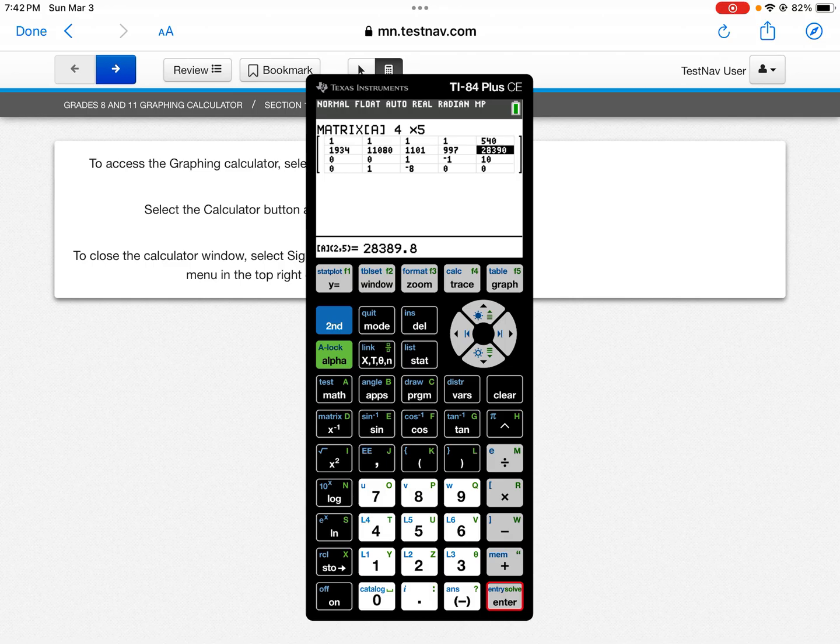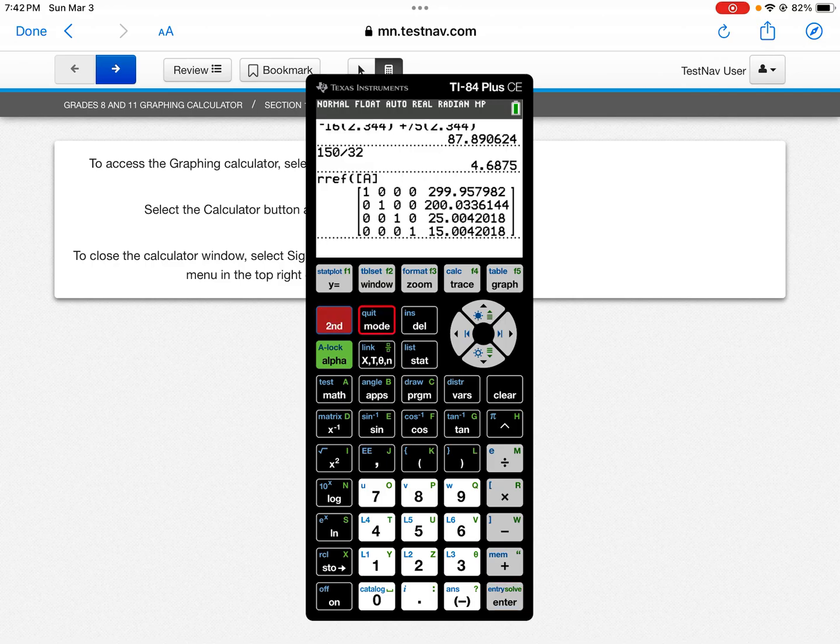What was the amount of money? 28,389,80. Ooh, I changed it to scientific notation. So that still may not. Yep. That's just too big of a digit, too large of a number to make it fit in the matrix.